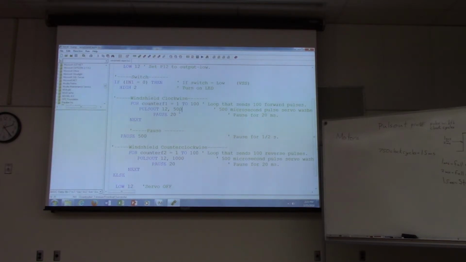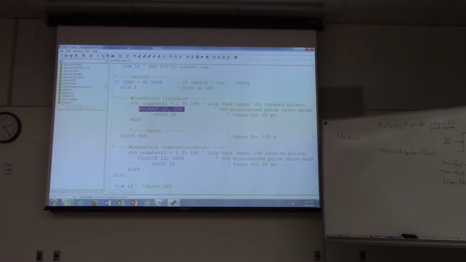So 500 would correspond to 1 millisecond, so that would be full speed in one direction. Okay, so this pulse out command is telling the motor to move at full speed in one direction. We'll call it clockwise.